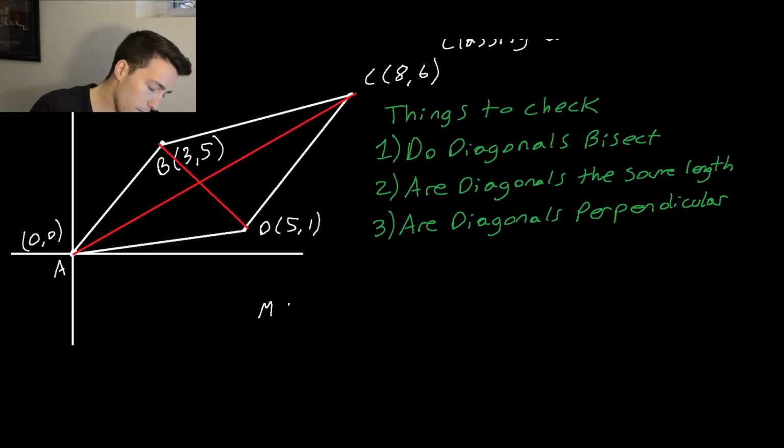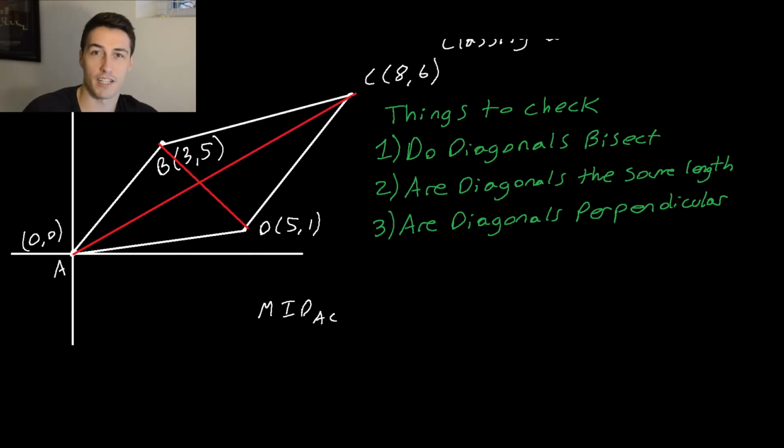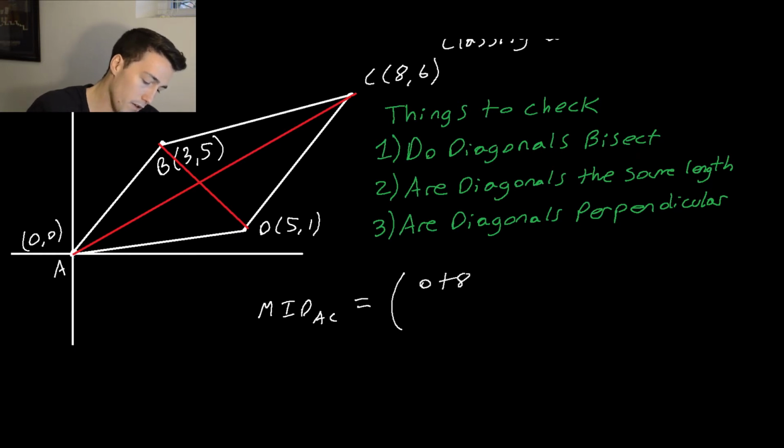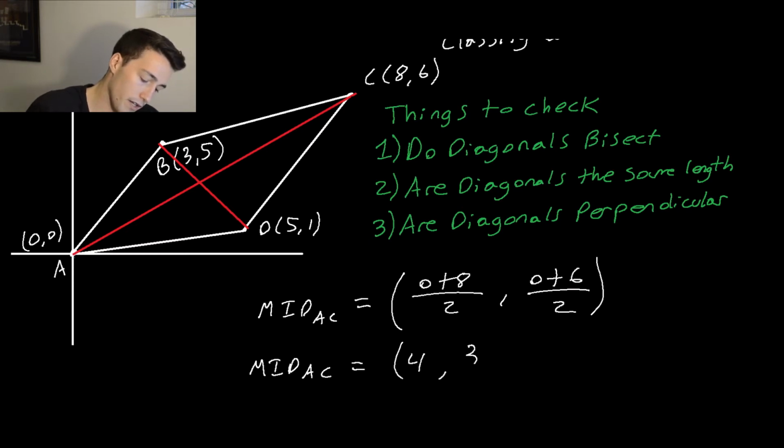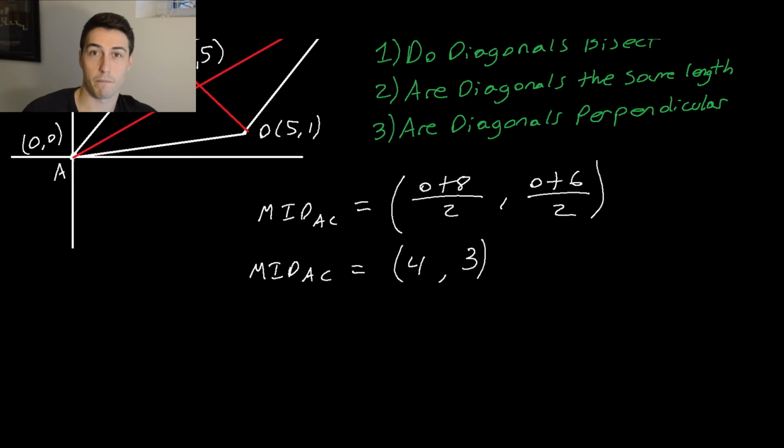The midpoint of AC is just going to be half in the x direction and half in the y direction. So it's equal to (0 plus 8) divided by 2, and then (0 plus 6) divided by 2. So the midpoint of AC is equal to (4, 3). Now let's check the midpoint for BD.